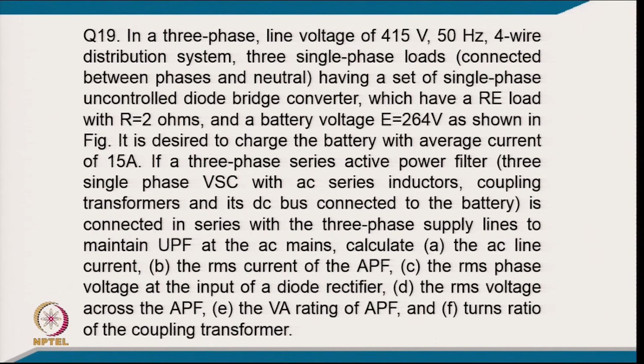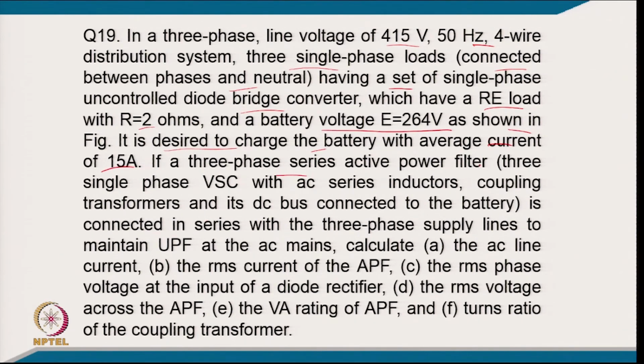So, coming to the 19th problem: in a 3-phase, line voltage 415 volt, 50 hertz, 4-wire distribution system, 3 single phase loads are connected between phase and neutral, having a set of single phase uncontrolled diode bridge converters which have an RE load, R equal to 2 ohm and battery voltage 264 volt, as shown in the figure. It is desired to charge the battery with an average current of 15 ampere.